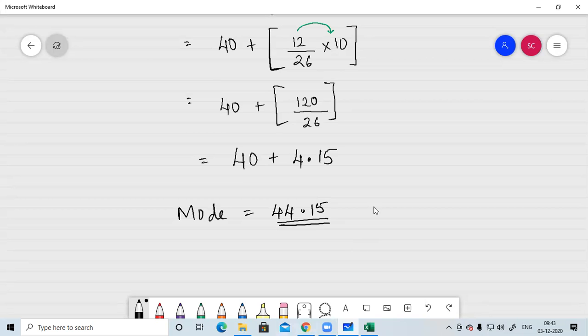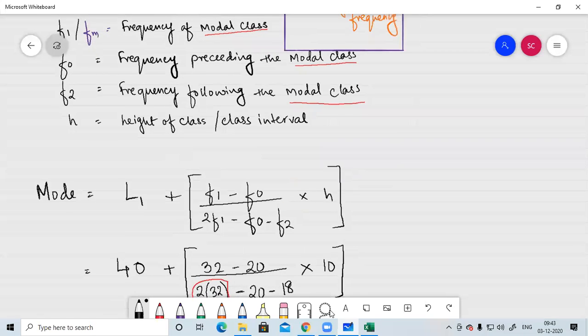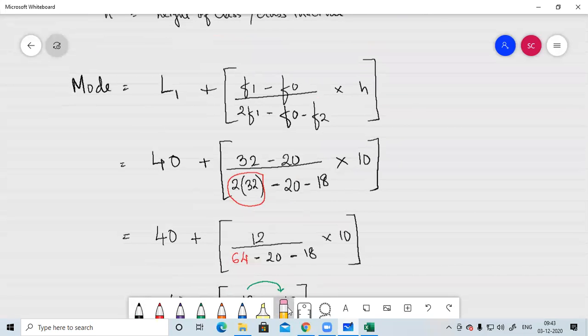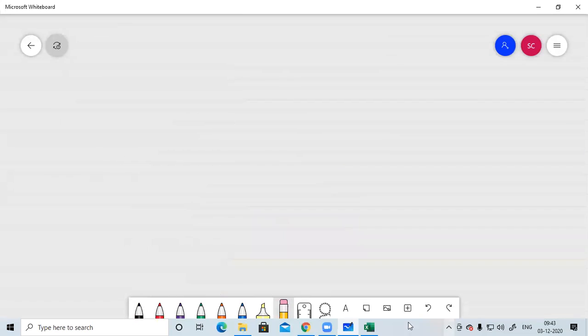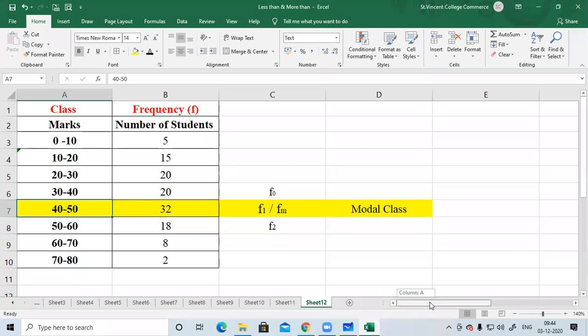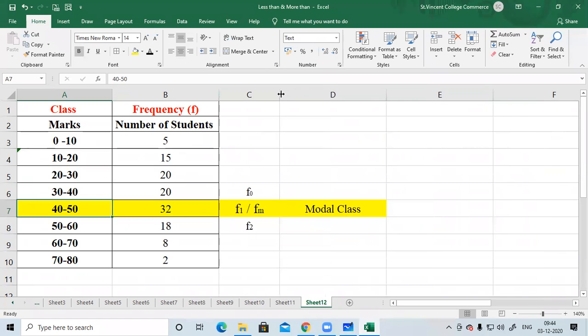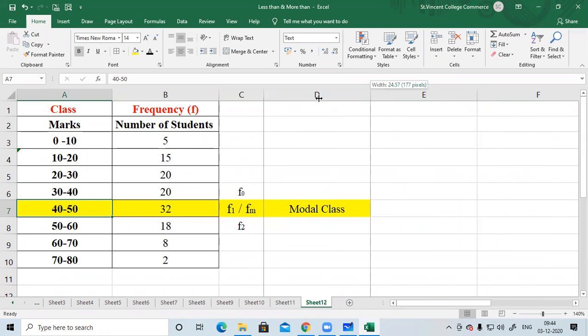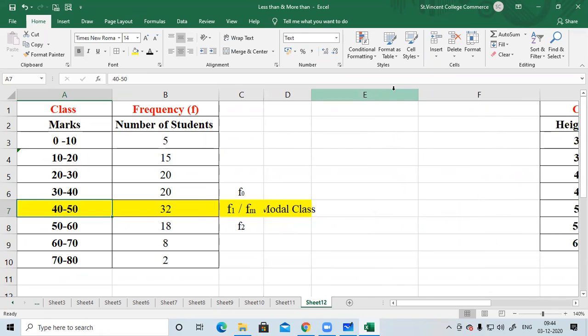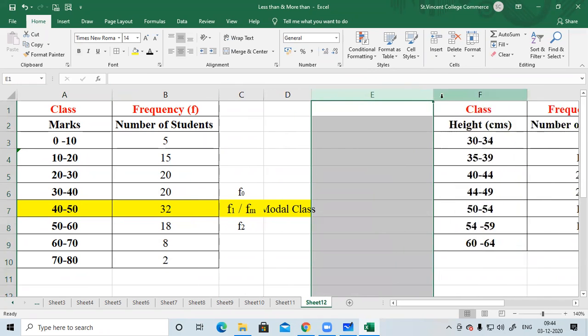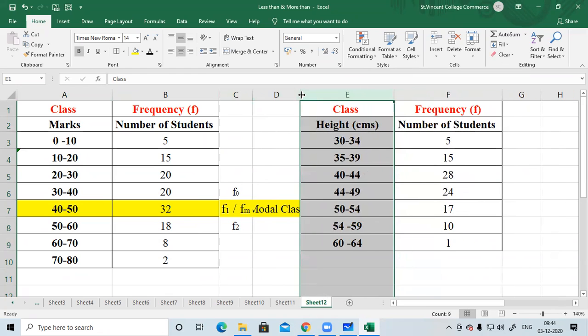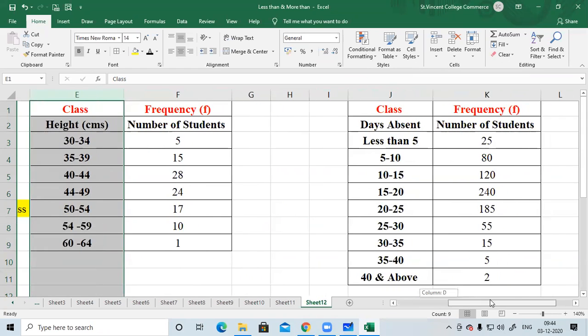So let's take up the next sum. I've already written the sum for you all and kept it. So the second sum.